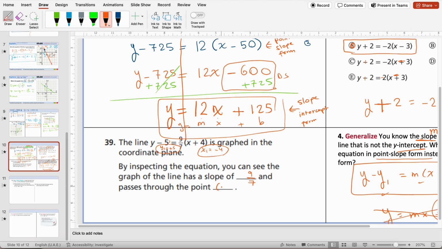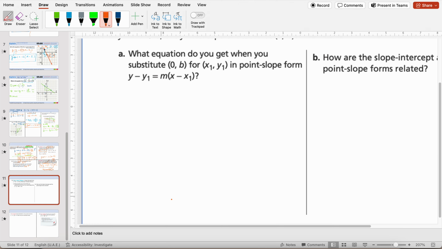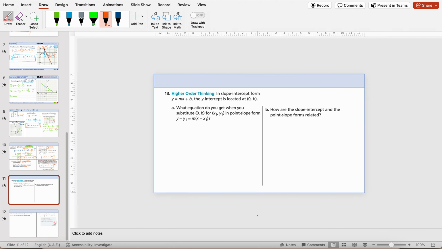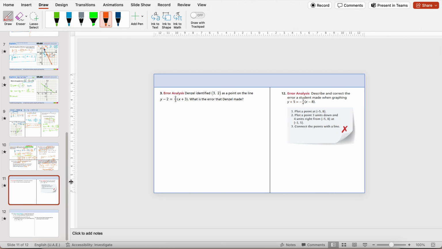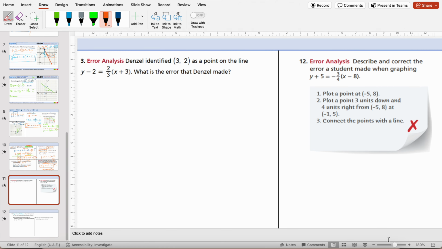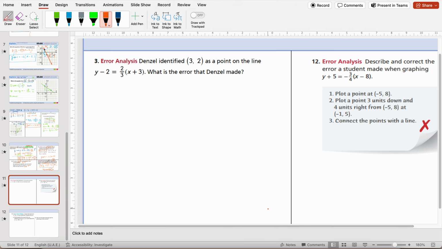So the point is first x then y. So -4, 5. Okay. Next. Now we have this question. This question is a bit challenging. Let me keep it till the end. Let's do this one. But stay till the end because it's really good.